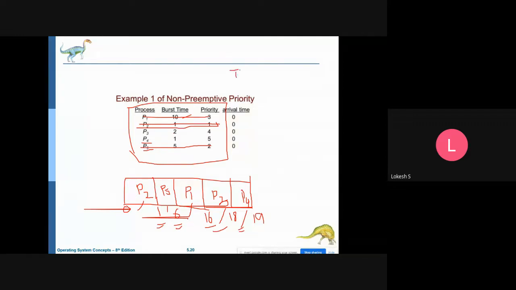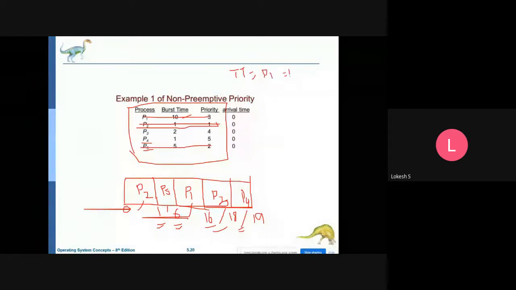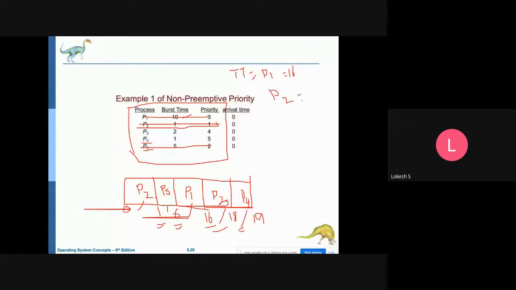Turnaround time is when the process completes its work. P1 completed by 16. P2 completed its work by 2. P3 completed its work by 18. P4 completed by 19. P5 completed by 6.